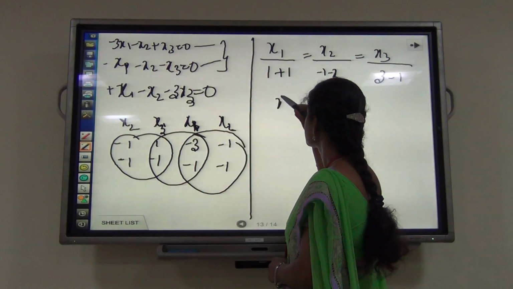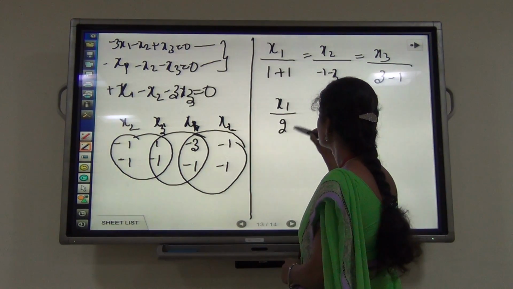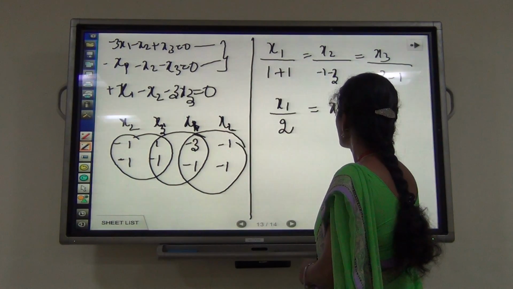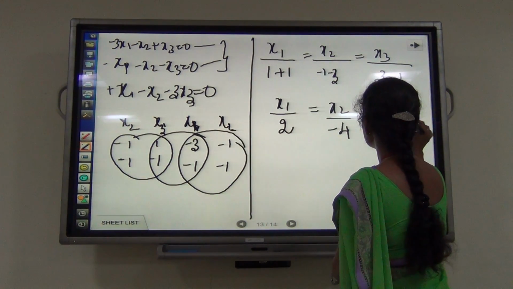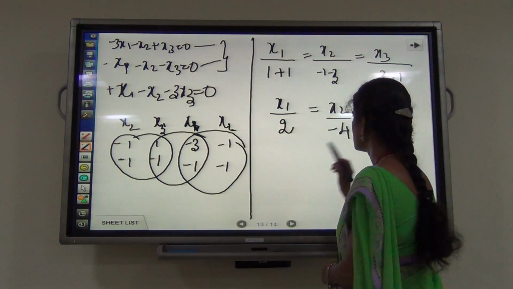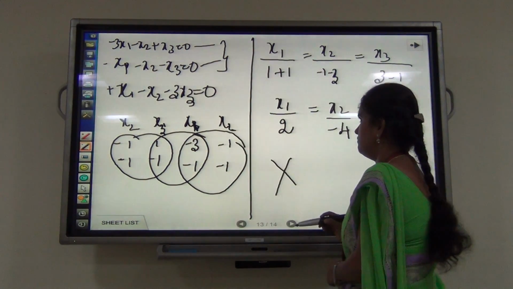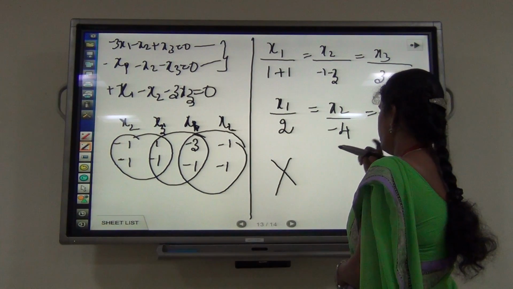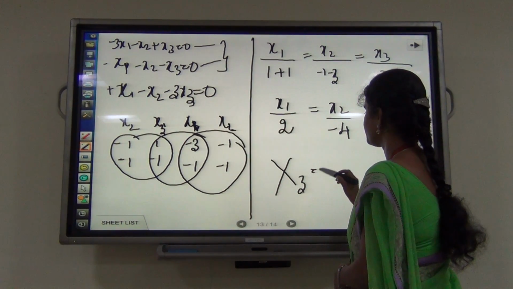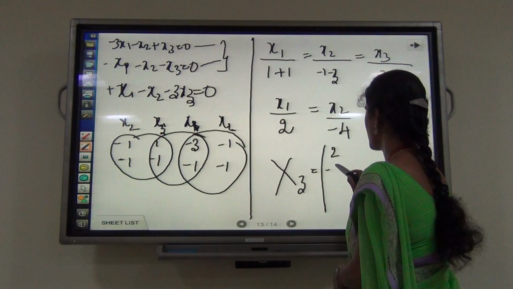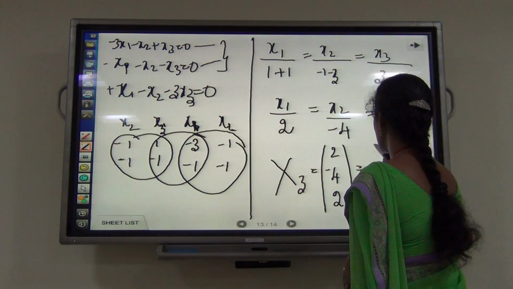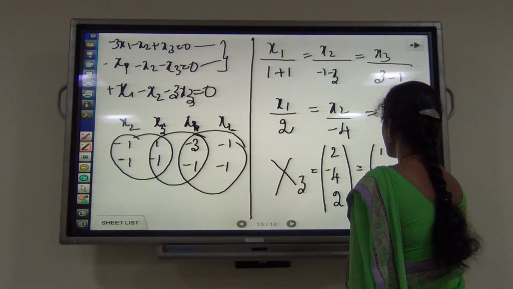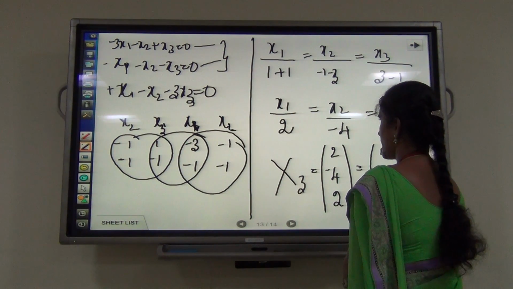So we get the x1 value as 2, x2 value as minus 4, and x3 value as 2. So capital X3 is 2, minus 4, 2. Throughout it is divisible by 2. You can also write it as 1, minus 2, 1.